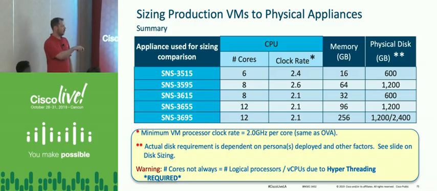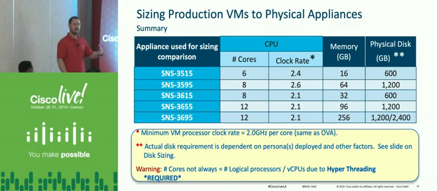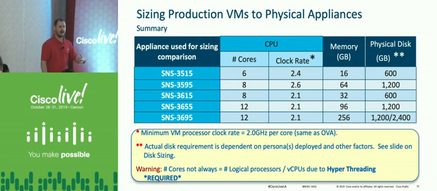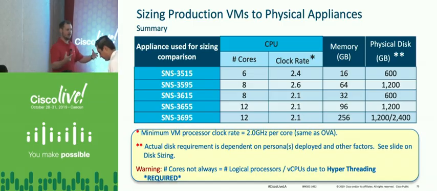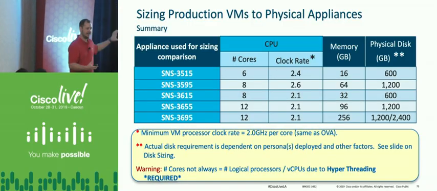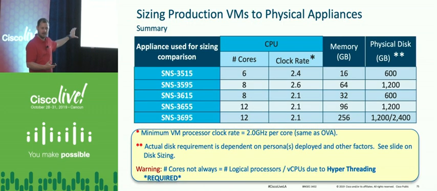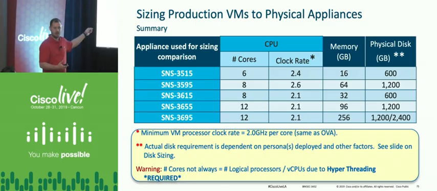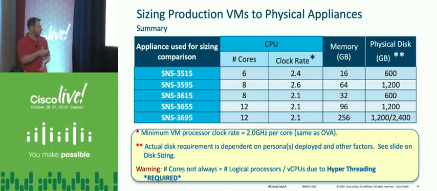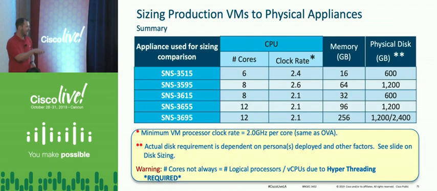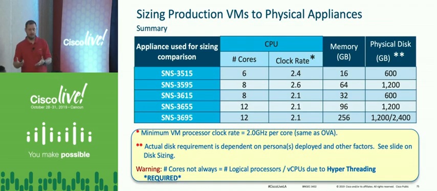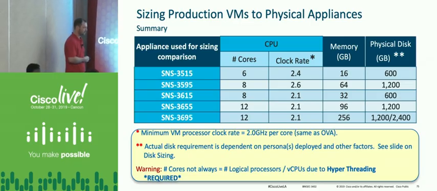2.0 gigahertz per core. Now, the funny part about that is I have seen a customer that had 1.6 and 32 cores on a single processor. Well, that's not formally at that same level, and those virtual CPUs do need to match. So if it says 2.0, it needs to be that level or above to be formally supported.